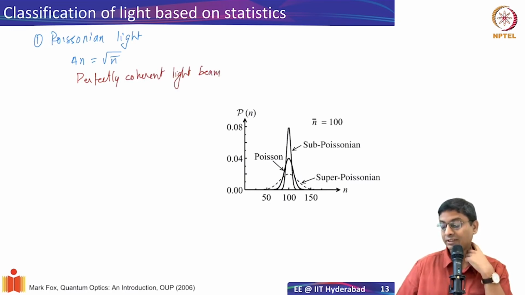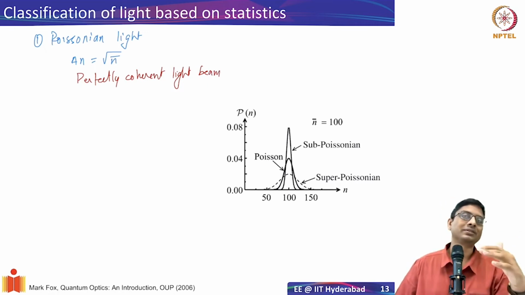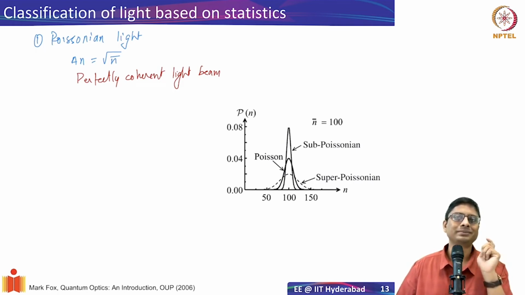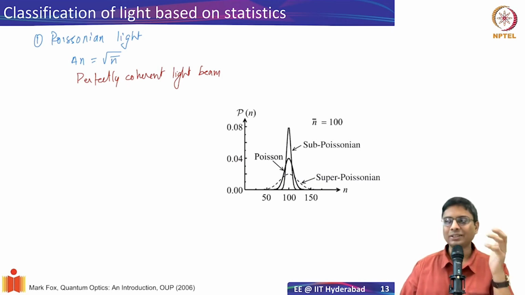Remember, we considered a constant intensity, perfectly monochromatic source. Still you will see some fluctuations. A perfect laser essentially will exhibit Poissonian distribution in photon statistics.